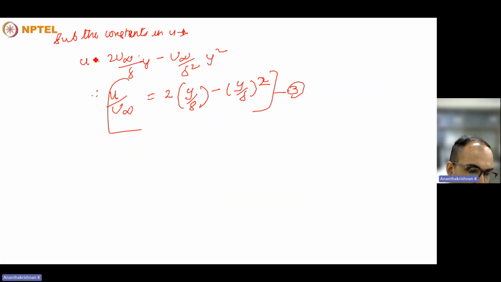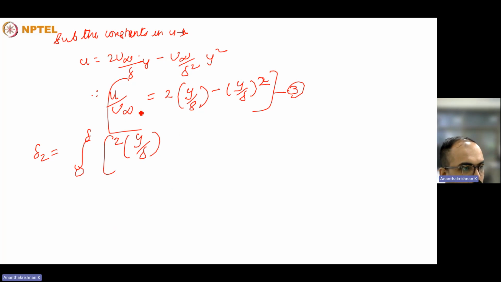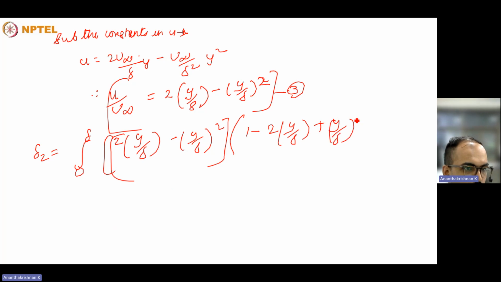So delta 2 will become the integral from 0 to delta of u by u infinity, that is 2 y by delta minus y by delta the whole square, this whole term multiplied by 1 minus u by u infinity, that is 1 minus 2 y by delta plus y by delta the whole square, into dy. We multiply the terms internally.